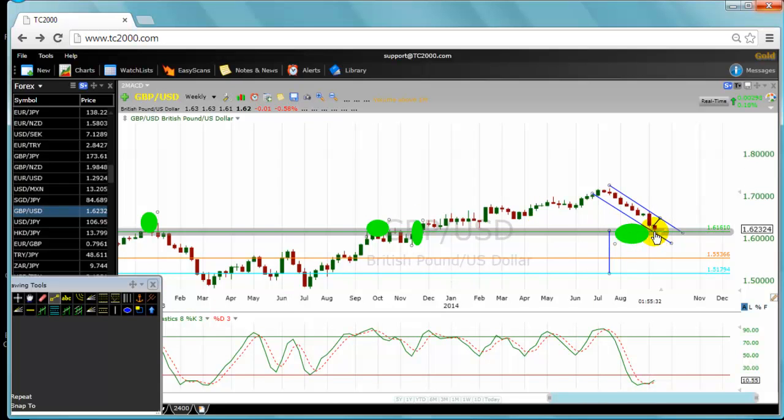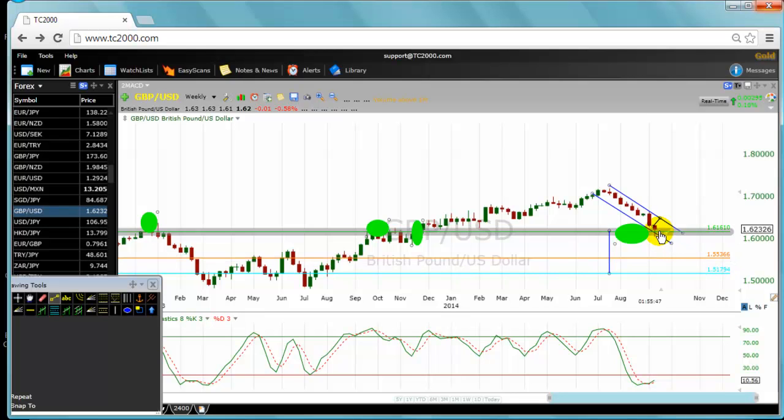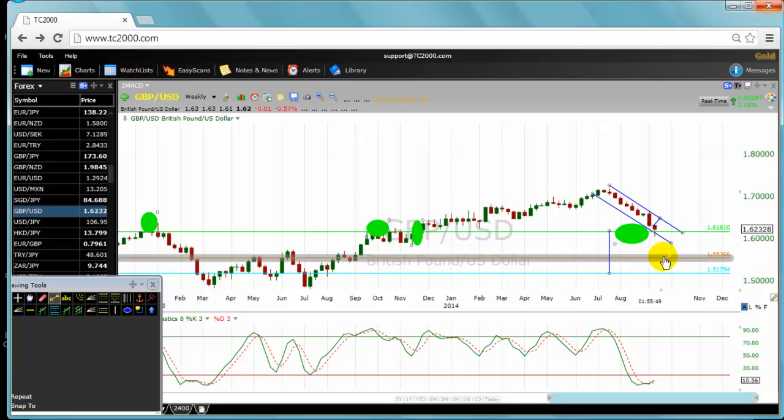The level we need to watch if it gaps down is the small median line at 155.36. We want to see whether the price will find support at 155.36. Note it down. If they vote yes, the pound will continue to go down, but there is this key support level here at 155.36.